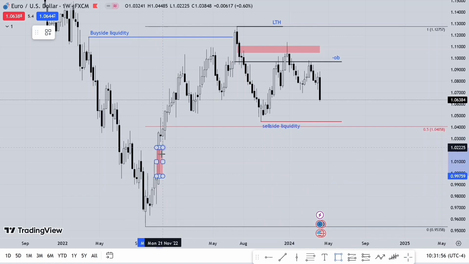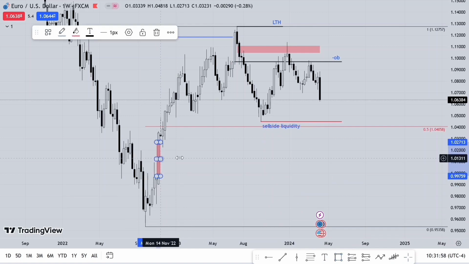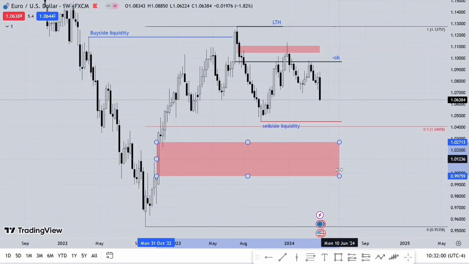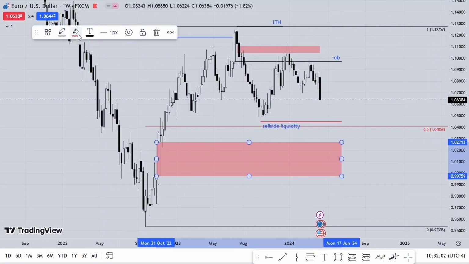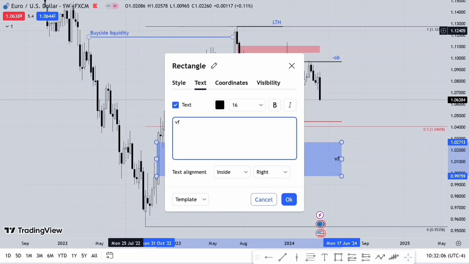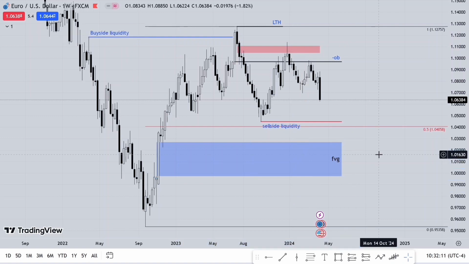This is the most obvious PD array here we have from this time frame. So this is the most obvious fair value gap here, which is our ultimate draw on liquidity after price gets to this sell side liquidity here.